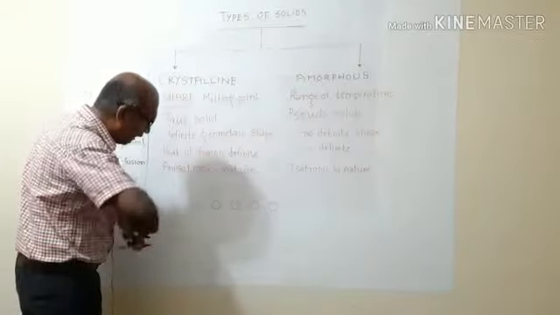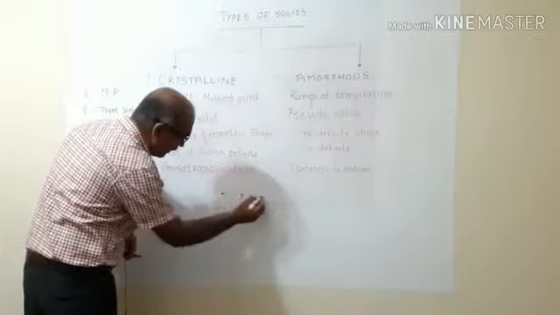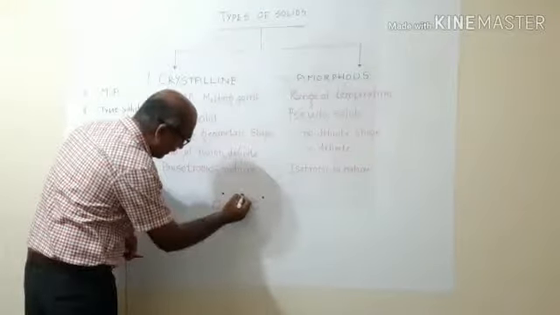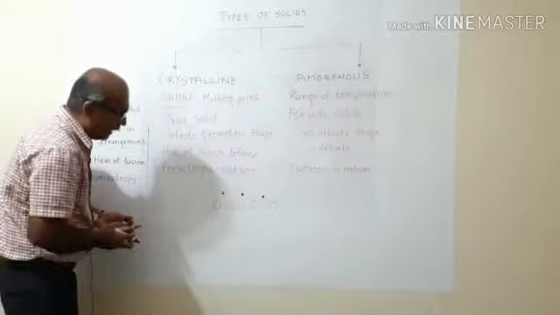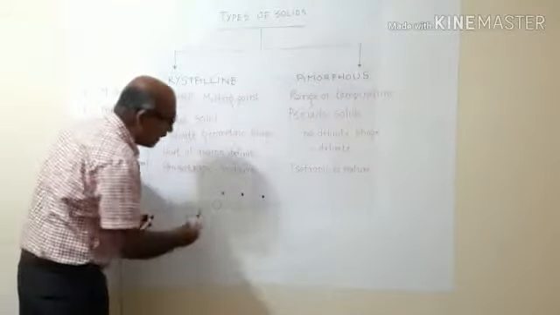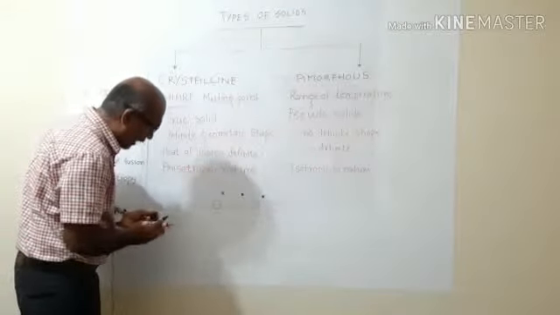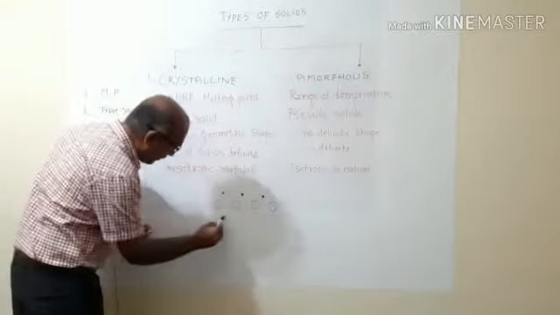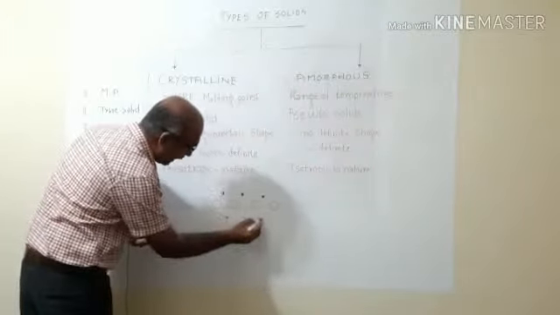Here I represent two types of molecules: the red, larger ones, and the smaller ones, like this.